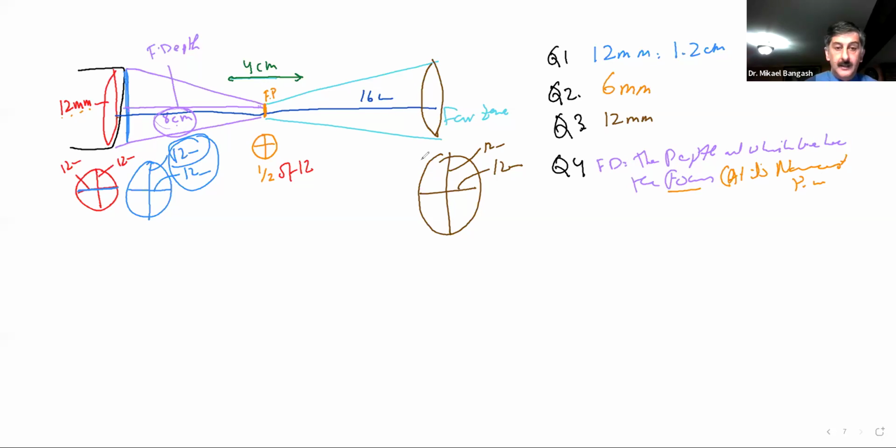Here they just talk about the focus or the focal point, defining what the focal point was: the point where the beam is at its narrowest. Did that make any sense, guys? Good. If you don't get it, guys, please ask me.